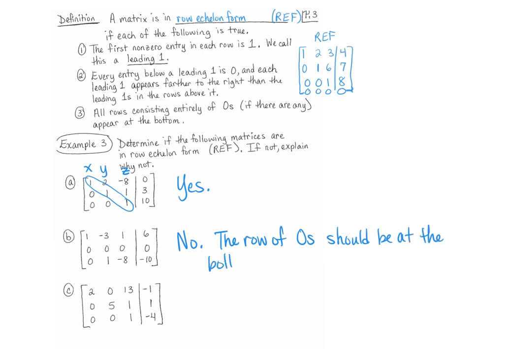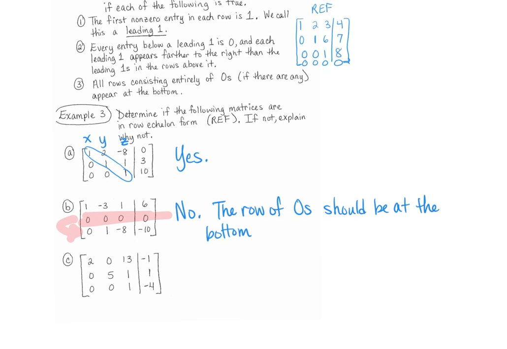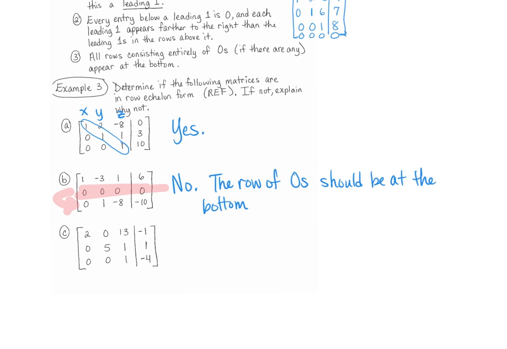Very good. So in particular, when we look at row 2, that should be at the bottom, but it's not. C? No as well? Why? There is not a leading 1. The first non-zero entry in row 1 and row 2 are not leading 1s.